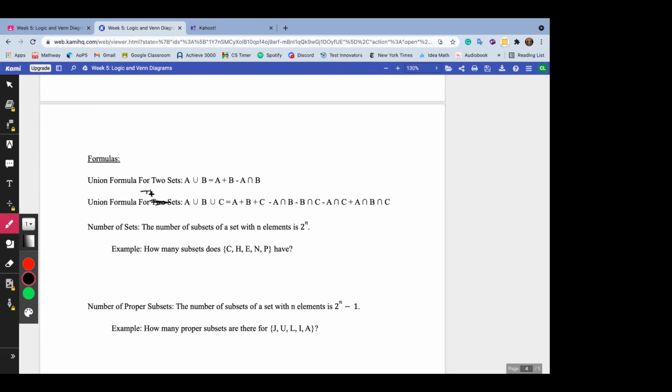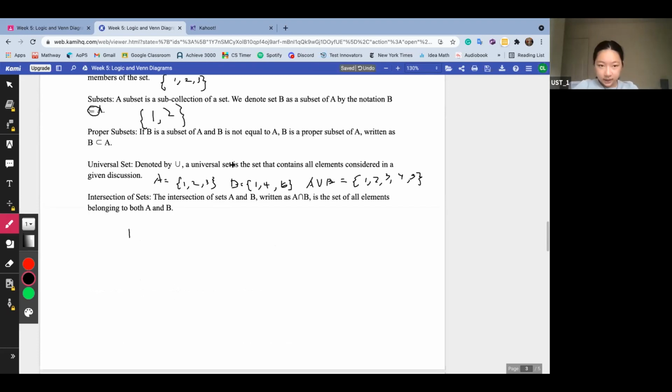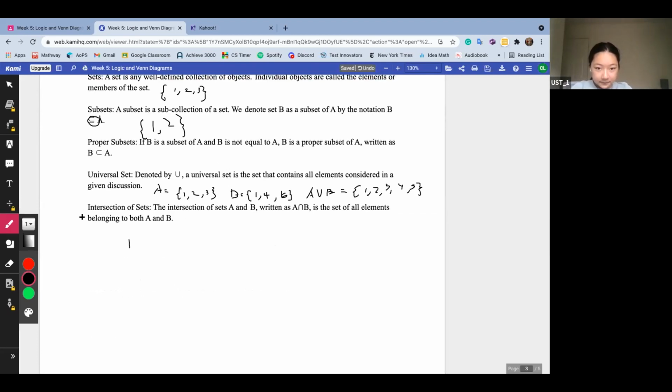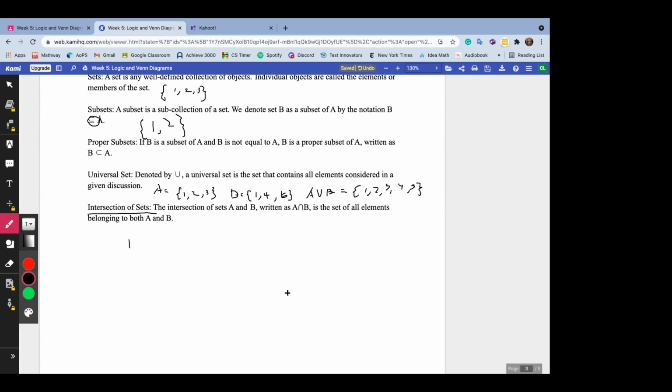Wait, I have a question. What does that upside down U stand for? It stands for intersection of sets. Intersection of sets? Oh. But if we need to know what the set numbers are, how are we going to solve that?